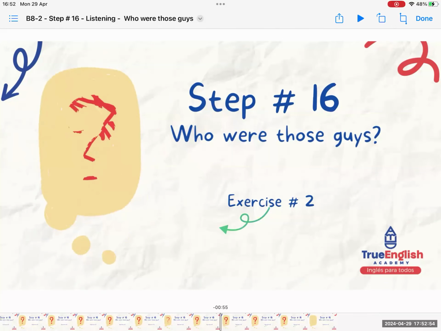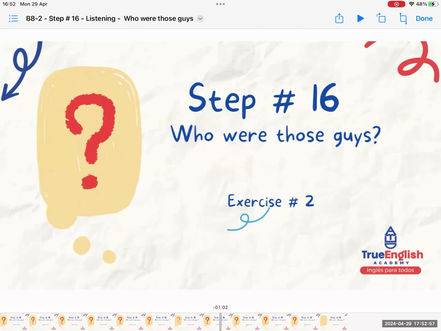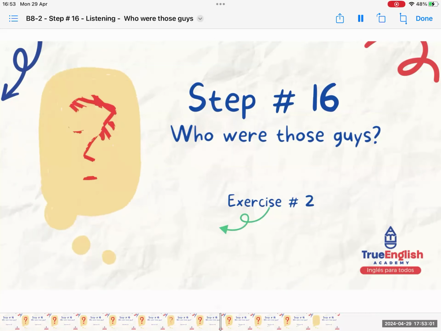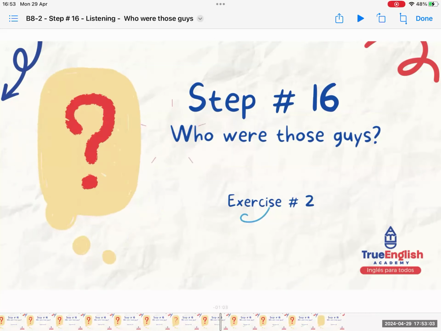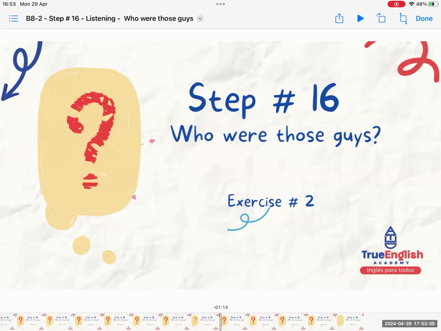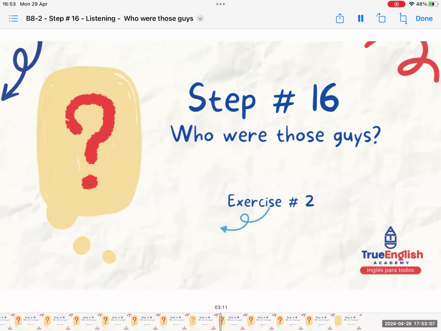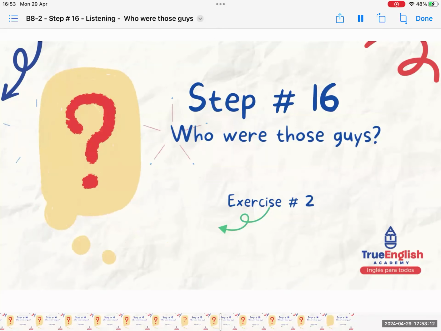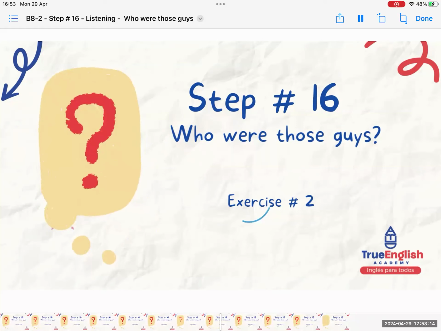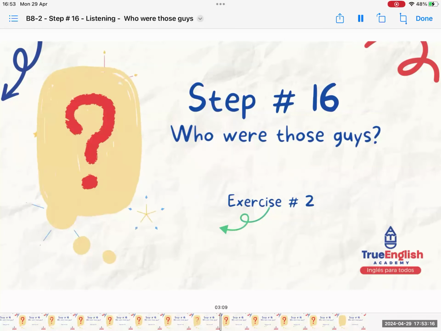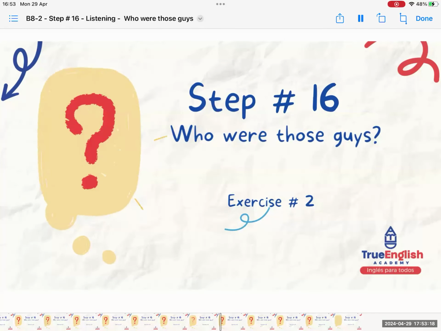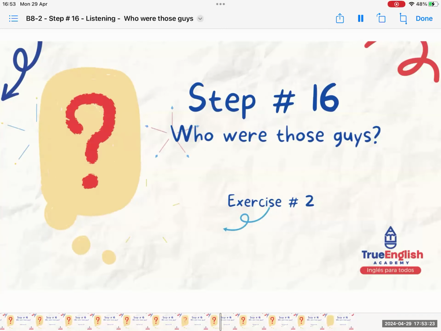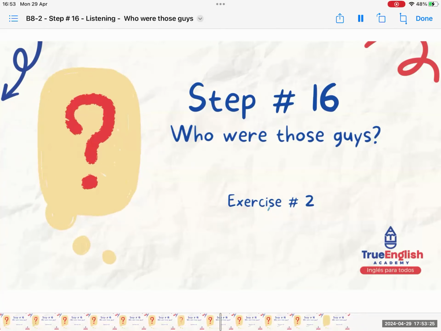Number 9, I'm sorry. The lion who killed Mufasa. Number 9. Scar was the lion who killed Mufasa in the movie Lion King. All right. We got it?